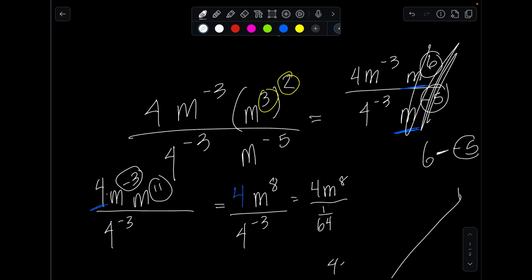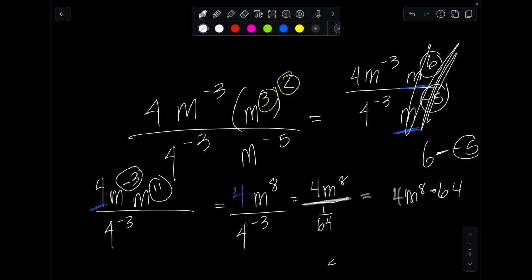But that's still not good. Not yet. 4m to the 8th divided by 1 over 64 is the same thing as saying 4m to the 8th times 64. It's the same thing.